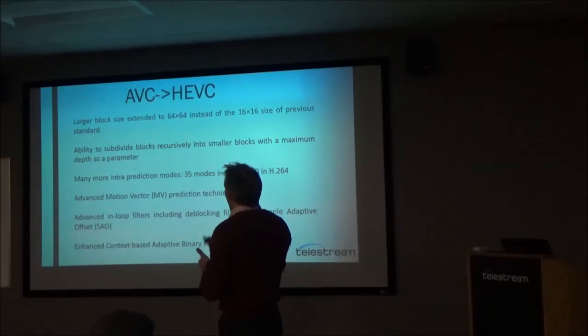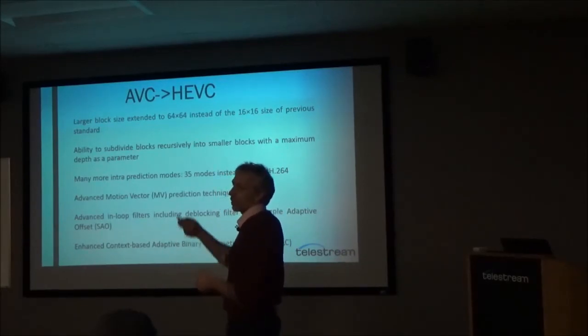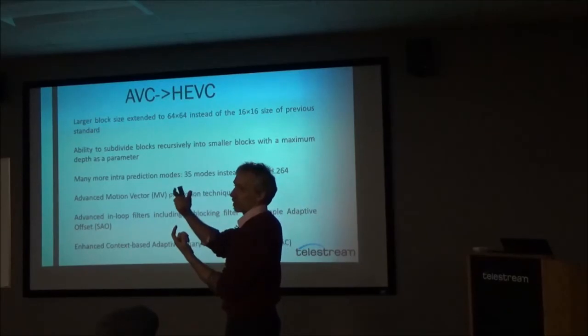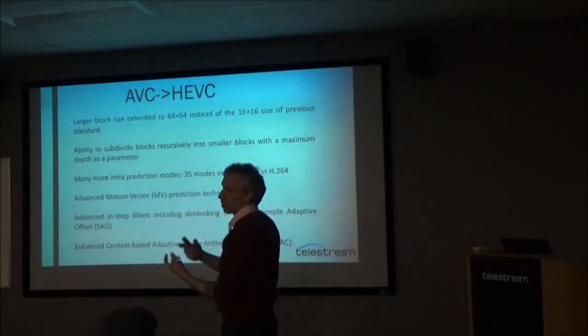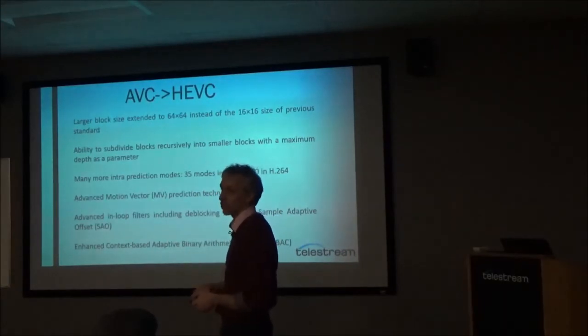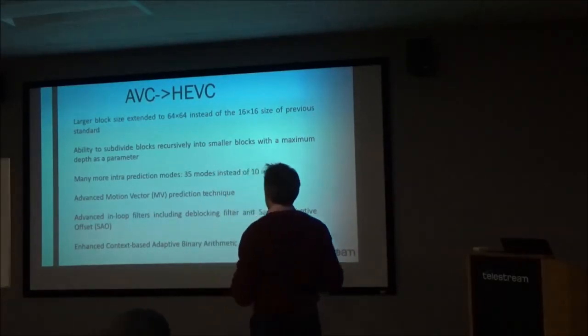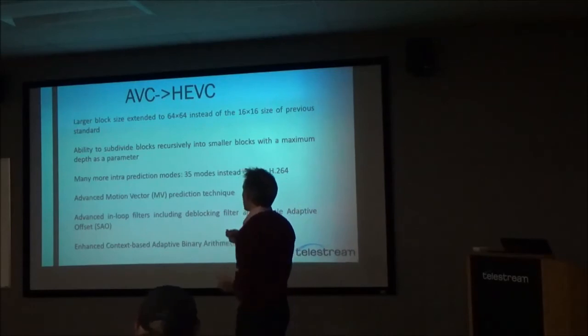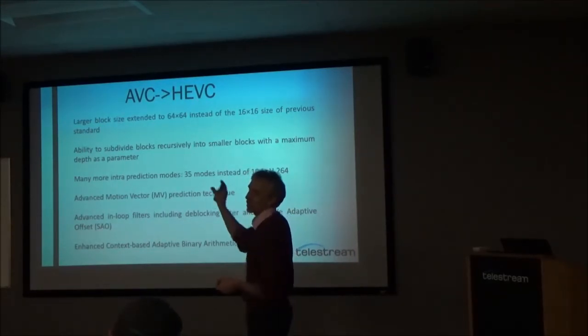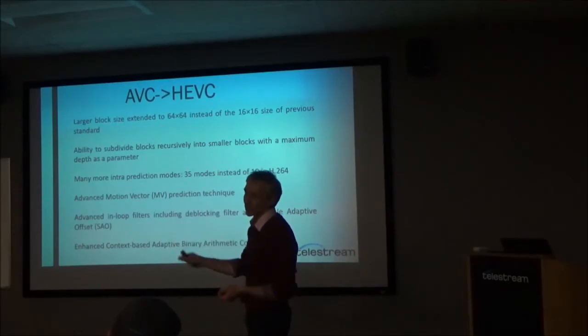There are more intra-prediction modes. I showed you 2 intra-prediction modes in that slide, where we either took it from the top or the side or a combination. But now there's 35 different ways that we can try and predict what that block's going to look like. Advanced motion vector prediction: instead of sending the motion vector information for each of those blocks, maybe we can predict the motion vector based on some other motion vector that's also in the picture.